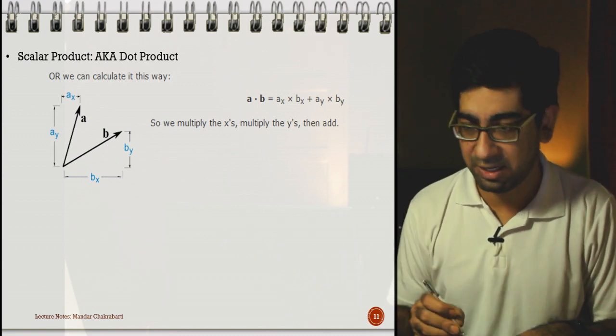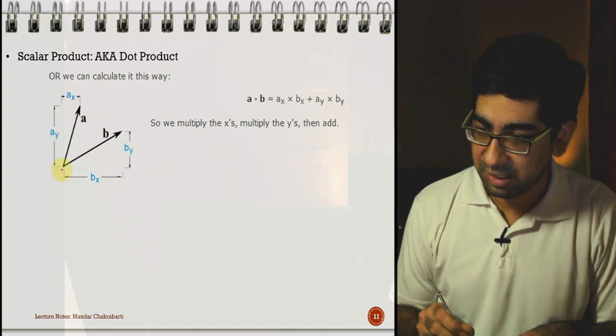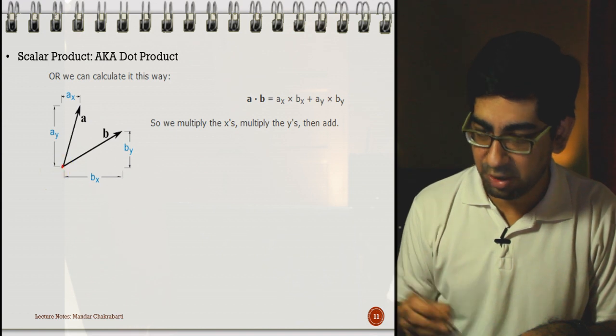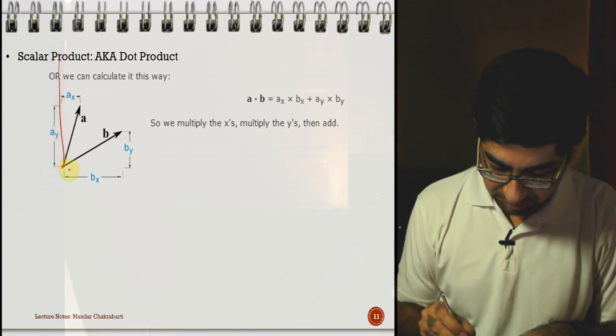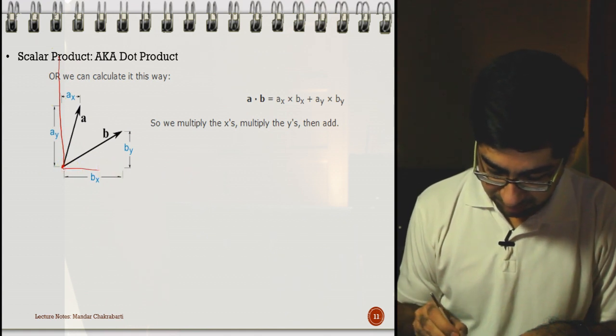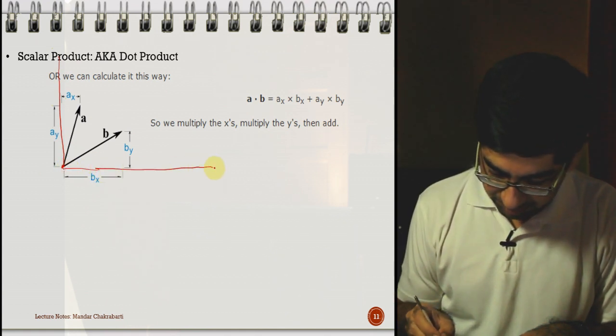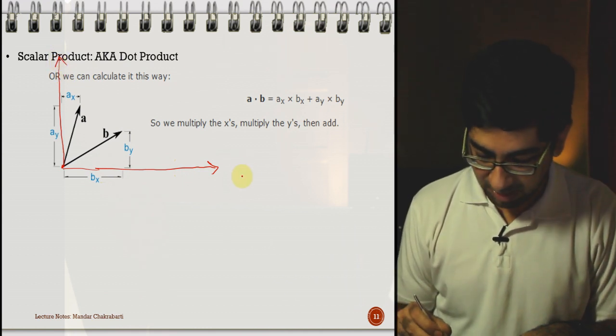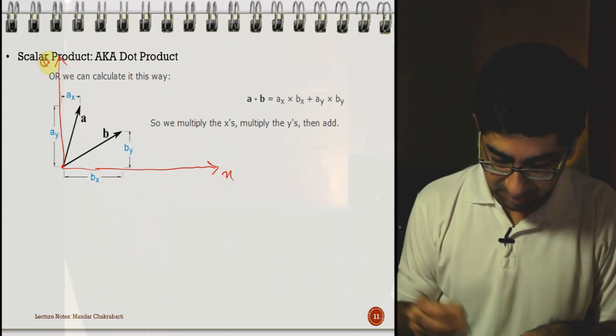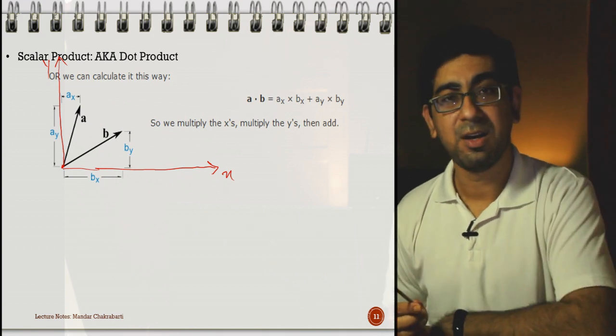Let me just draw that for you. So this is my starting point. This becomes one axis and this becomes the other axis. So you have the x-axis and y-axis.